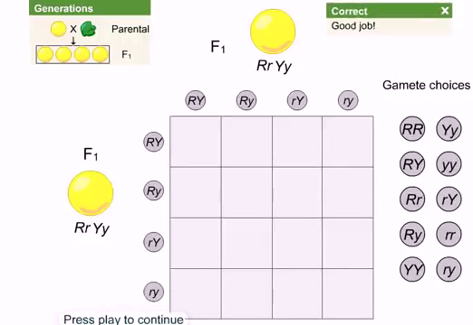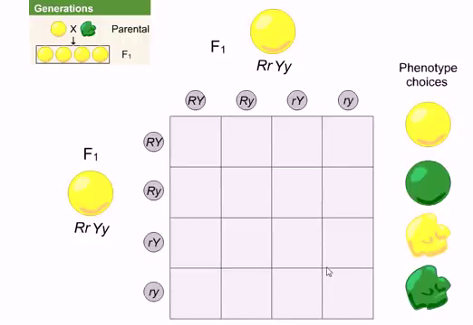Okay, now move on. Using the information provided, predict the phenotypes of the F2 offspring. Drag your selections from the phenotype choices. Now we need to figure out the phenotype choices from here. So what will be the result of R, R, Y, Y? All are dominant, so it will be round and yellow.